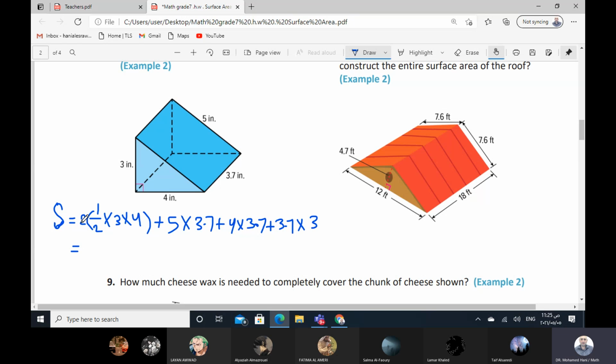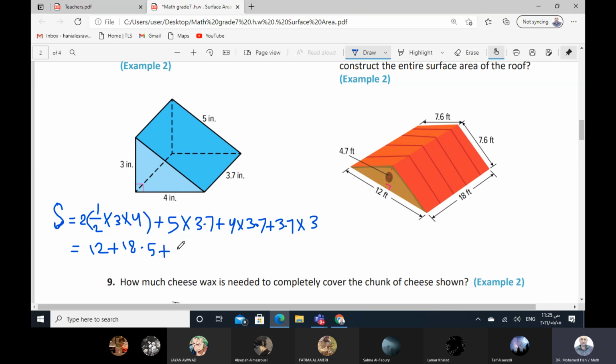Now we can calculate 2 times 1 over 2 times 4, which will be 12, plus here we have 5 times 3.7. So the answer will be 18.5, plus here we have 4 times 3.7.